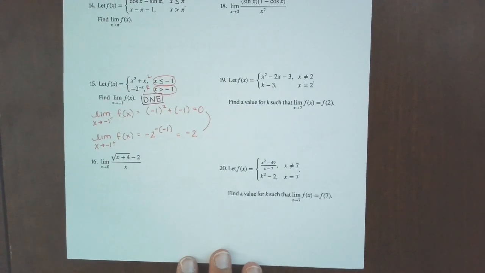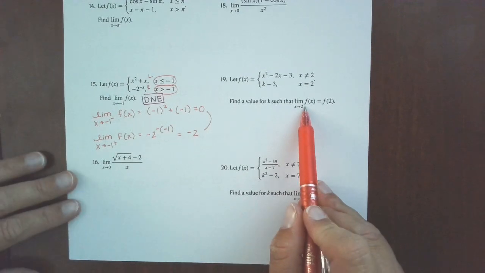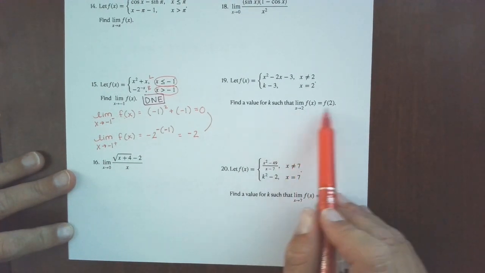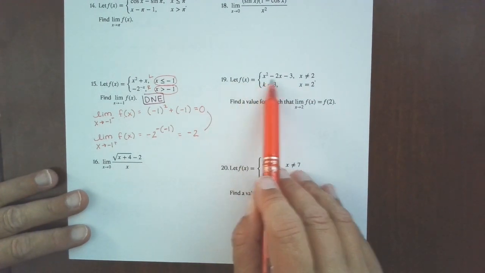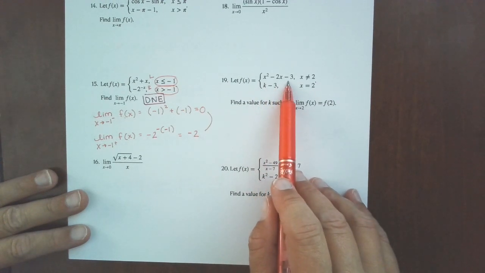Okay, I'm guessing number 19 may have thrown you for a loop a little bit, but I want you to pay really close attention to this statement right here, okay, because this is what we're going to do our work based on. What's happening here is we have a function that mostly looks like this. This would be a parabola, x squared minus 2x minus 3.